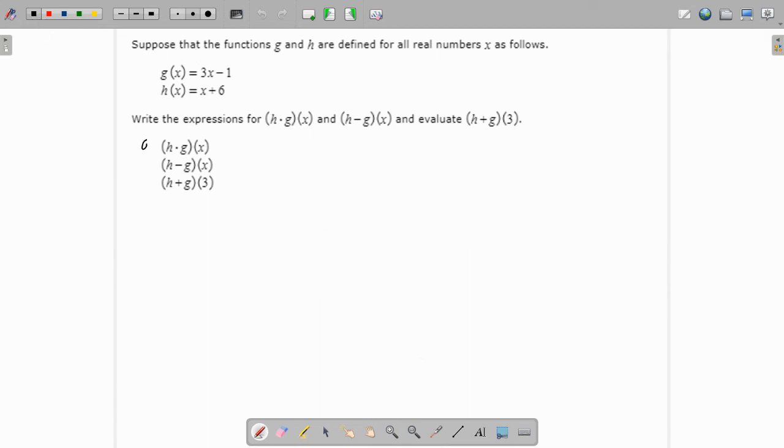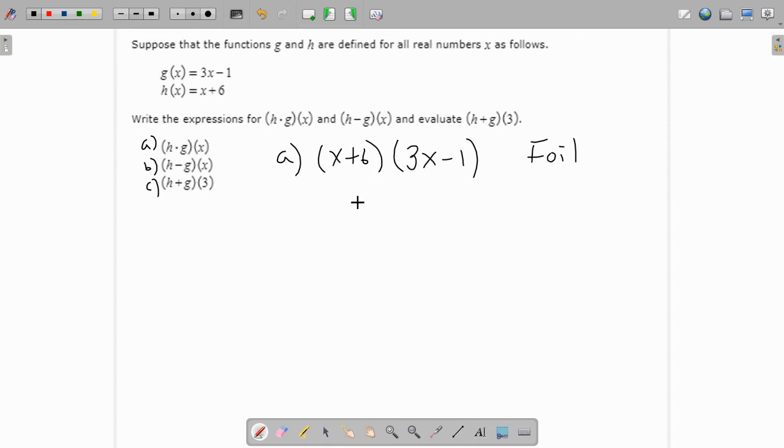Okay, so here we have another A, B, and C. I want to point out A. A is h times g. So whenever you're multiplying, you put expressions in parentheses. That's always the safest way to do it. So for this one, to simplify, we have to FOIL or double distribute.